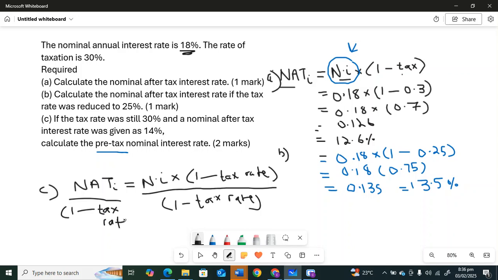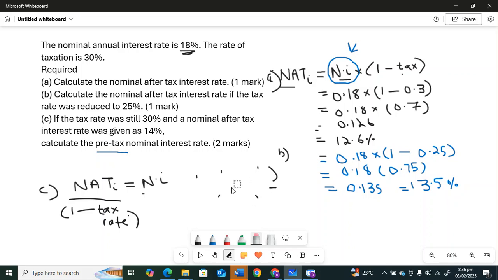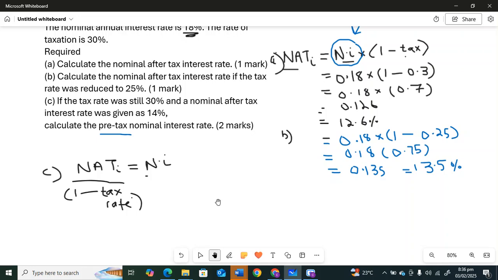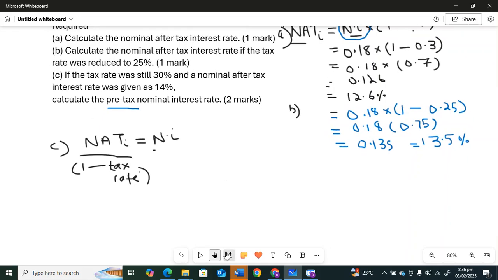So when we divide both sides, our nominal pre-tax interest rate equals the nominal after-tax interest rate divided by 1 minus the tax rate. So for this part, it's just a matter of dividing.